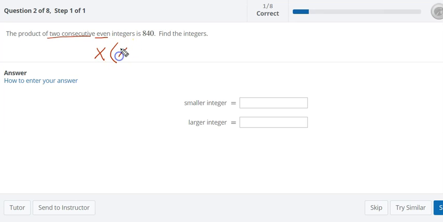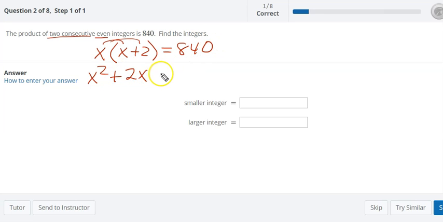The next even one would be x plus 2, and that equals 840. So we're going to put it in standard form, x squared plus 2x, transpose this, a negative 840 equals 0.